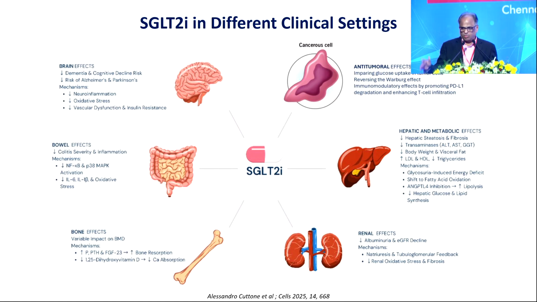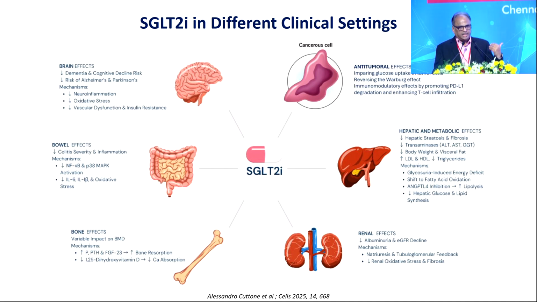Now, there are so many other effects, like Dr. Ranjit was talking about the brain effects, such as dementia. There seems to be some benefit in the brain, benefit in cancer cells, and also in the bowel effects. That is, colitis severity comes down by using SGLT inhibitors. And of course, after pioglitazone and GLP-1 receptor analogs, which can cause reduction in MASH, the other drug which does it is SGLT inhibitors.